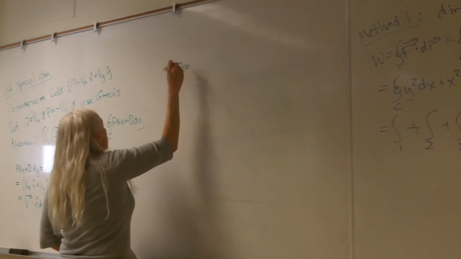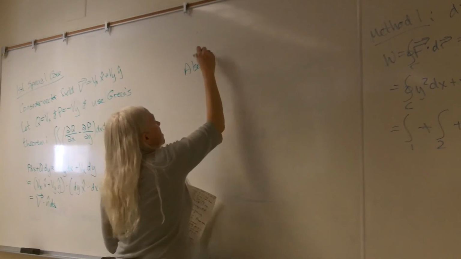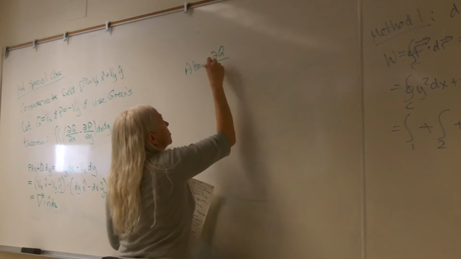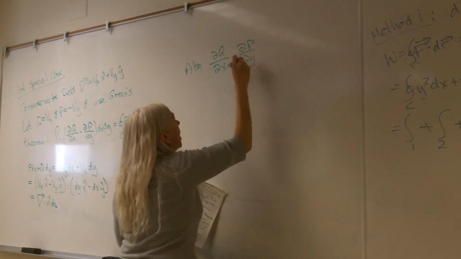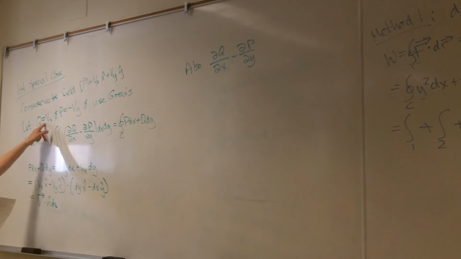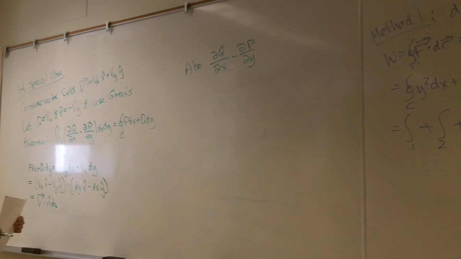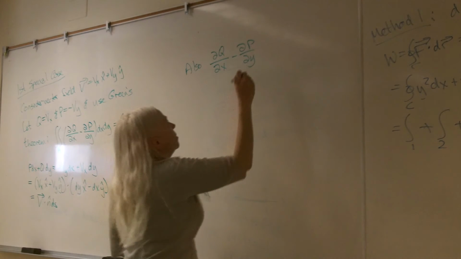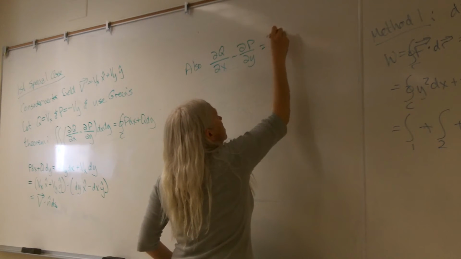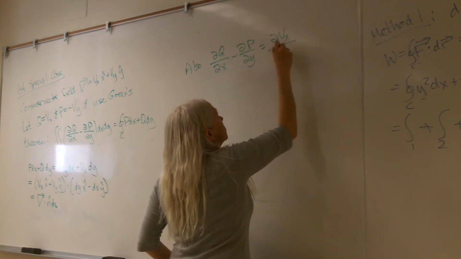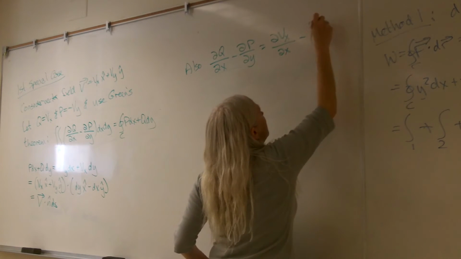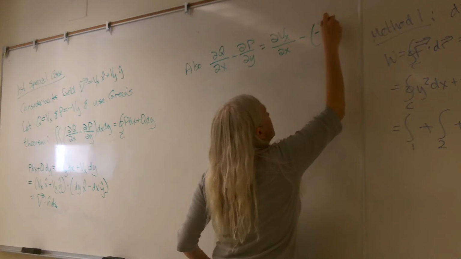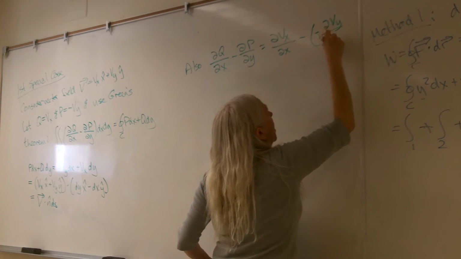So the integrand on the left-hand side is the derivative of q with respect to x minus the derivative of p with respect to y, with again q being v sub x and p being v sub y. This becomes the derivative of v sub x with respect to x minus a negative dv sub y with respect to y.